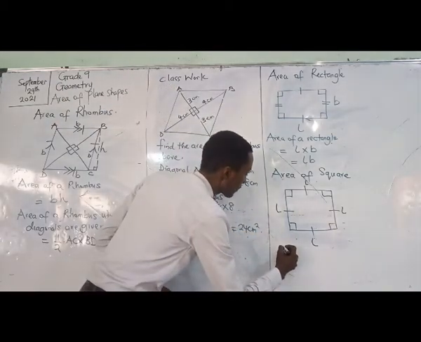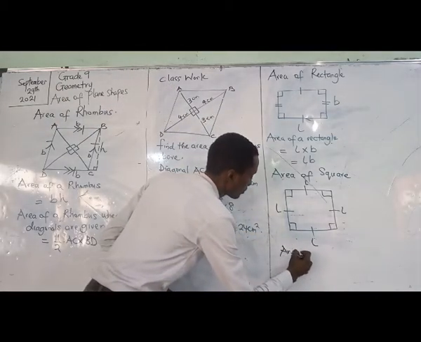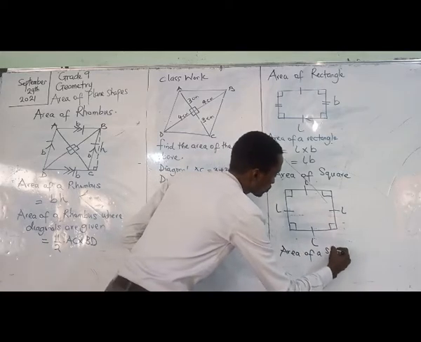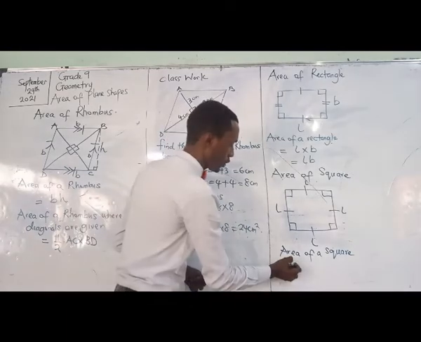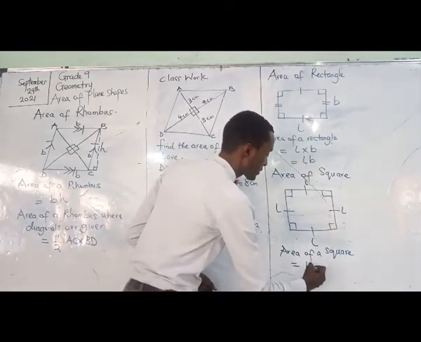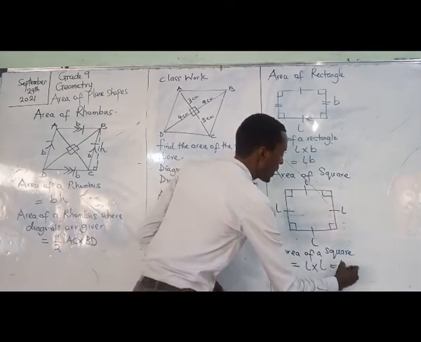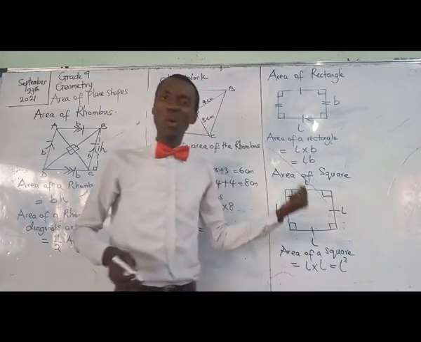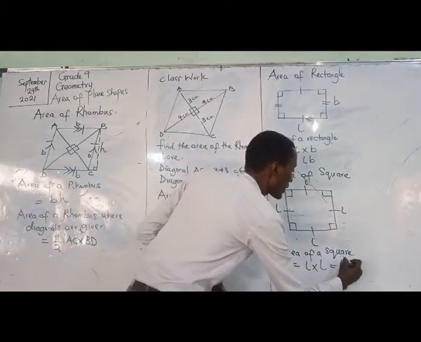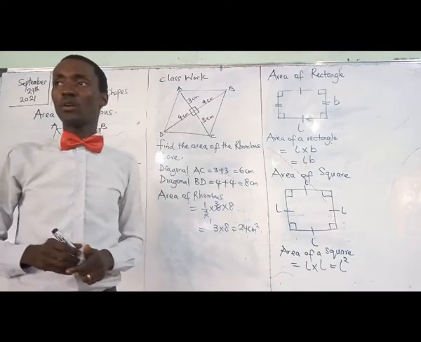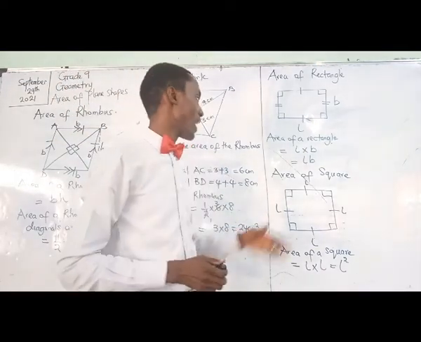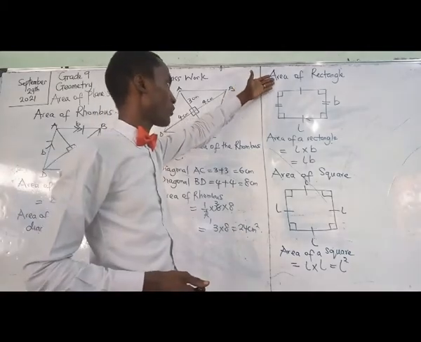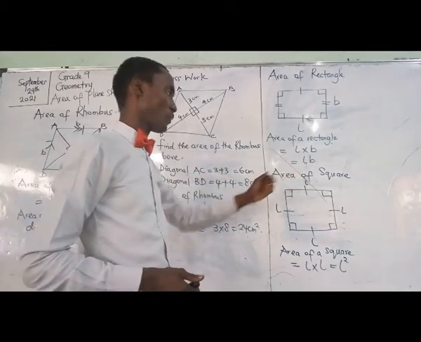So the area of a square will be equal to length times length, which is the length squared. Recalling your knowledge of what again? Indices. Okay, so that's for area of rectangle and then area of square.